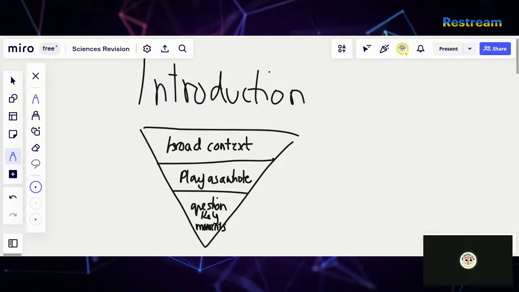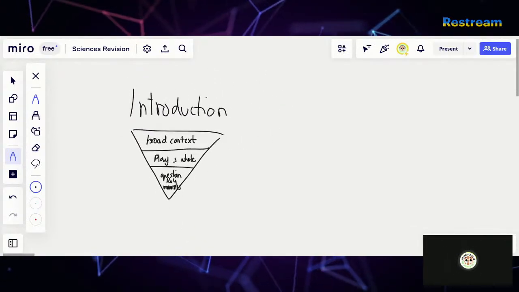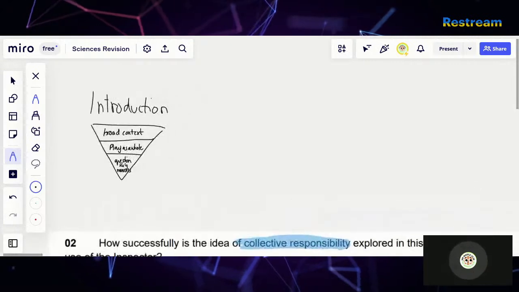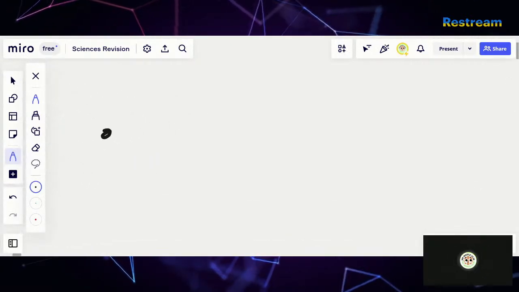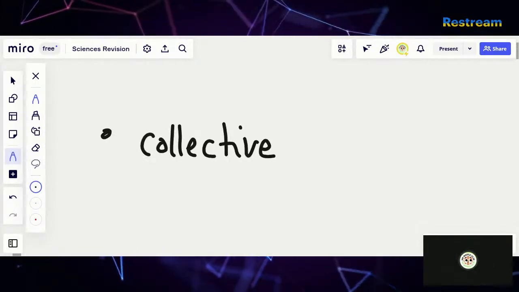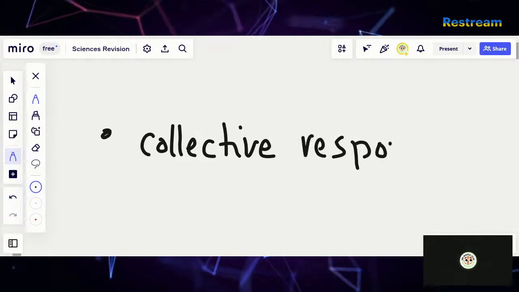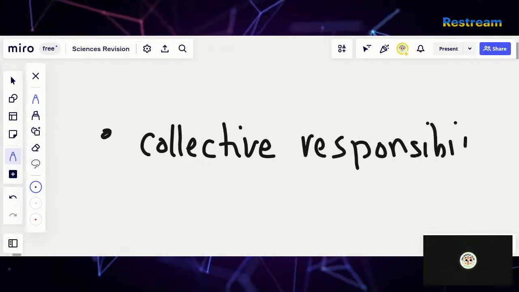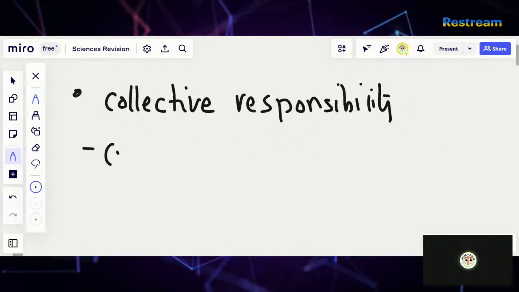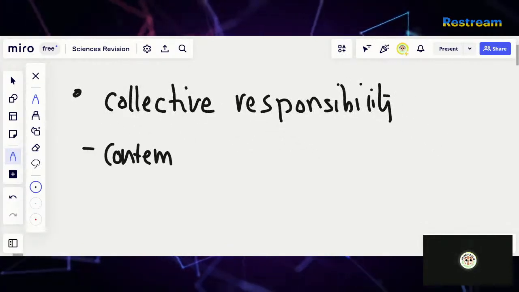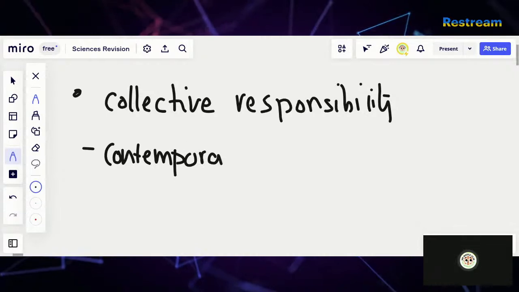So what I mean by this, let's look at this question, for example. Collective responsibility. What is the broad context of collective responsibility? So let's plan the introduction. What would the contemporary audience have viewed about collective responsibility?